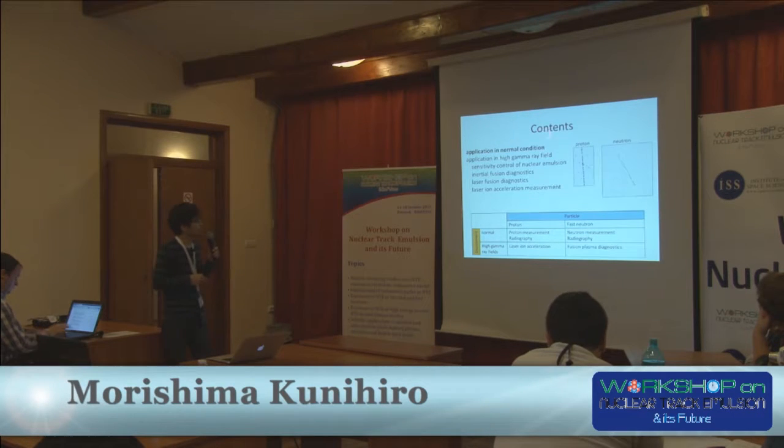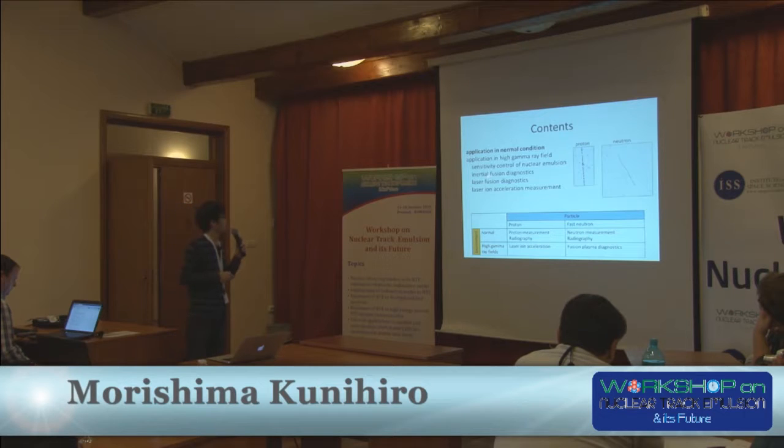High gamma ray fields are made by high density plasma measurement or high power laser experiments. So we are studying a sensitivity control method of nuclear emulsion in order to apply nuclear emulsion to this field.